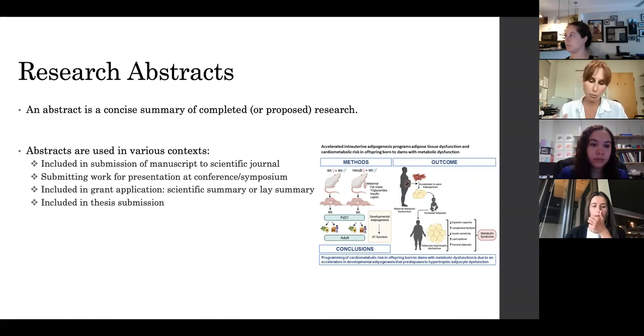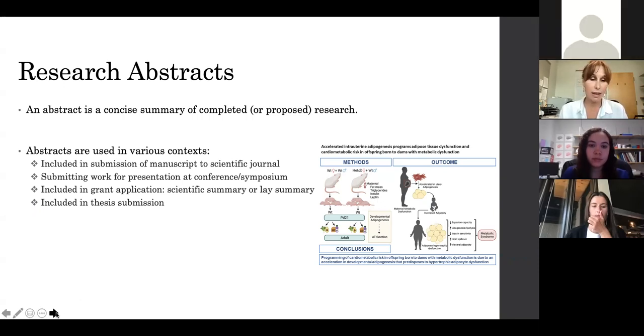Okay, poster presentations are really good for networking. Okay, so the attendees will come by your poster and talk to you face to face about your work. Now, some conferences do publish the accepted abstracts in a peer-reviewed journal.